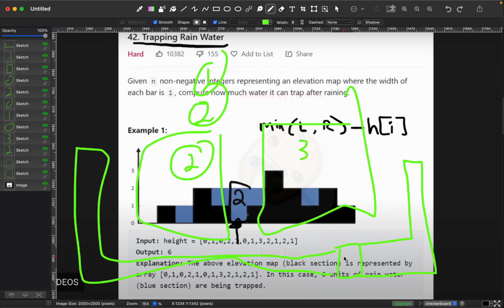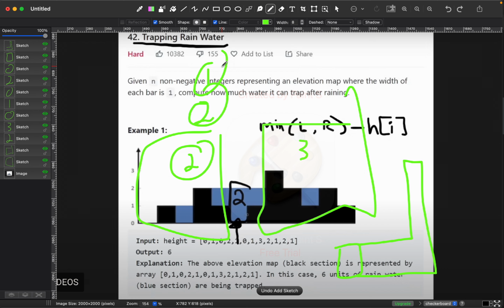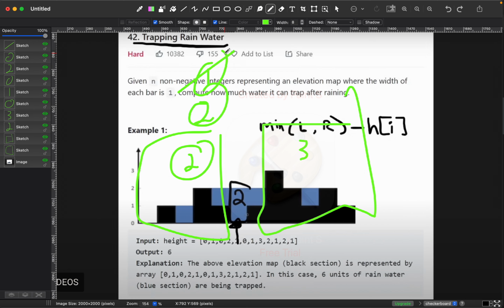Now if my water wants to overflow, it needs to go through the wall. If it touches, it doesn't matter. It needs to go over and beyond the wall to flow through it. So that's why we need the max, that's why we need stage 1.